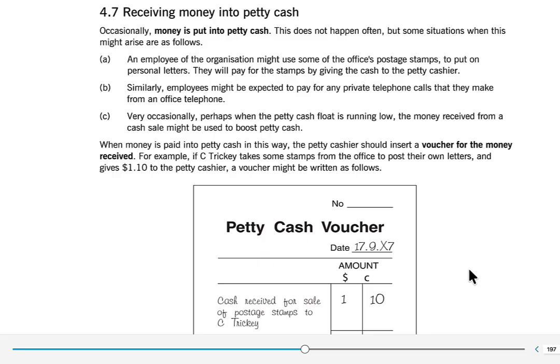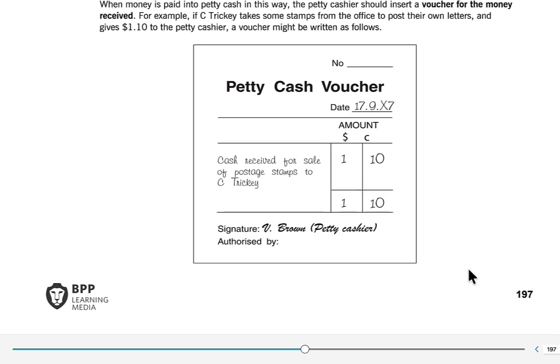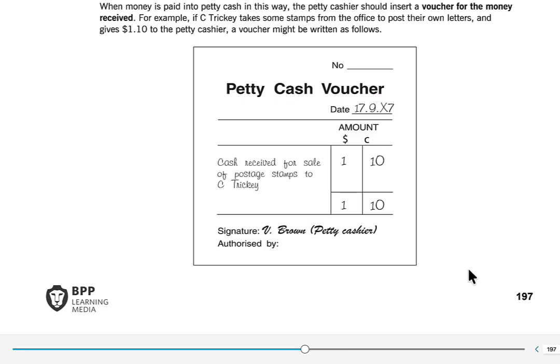How should money received into petty cash be recorded? Now, students, this is the key part of the lesson. Whenever money comes into petty cash, we must do two things. 1. Put the cash into the petty cash box immediately. 2. Record it properly with evidence. So the petty cashier must create a clear record, such as a petty cash receipt voucher, or a note on the petty cash sheet showing money received.